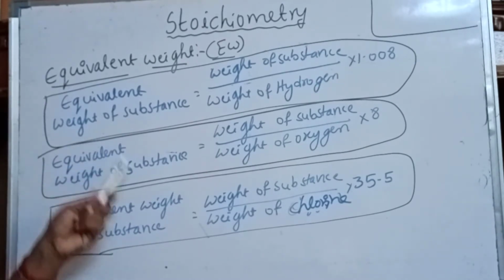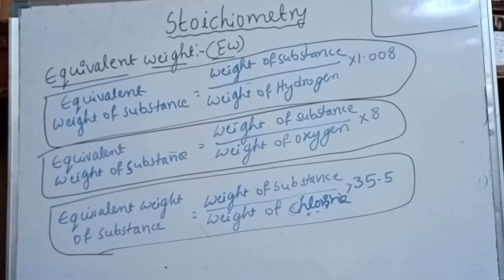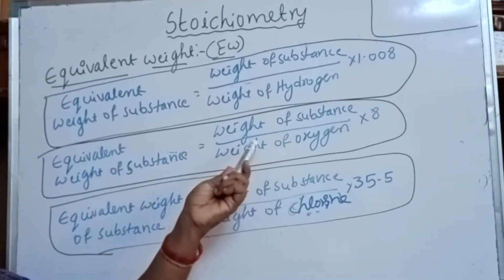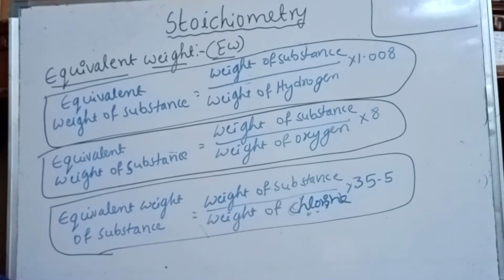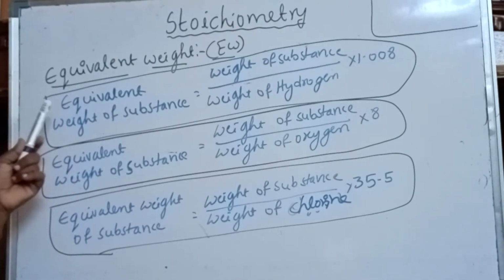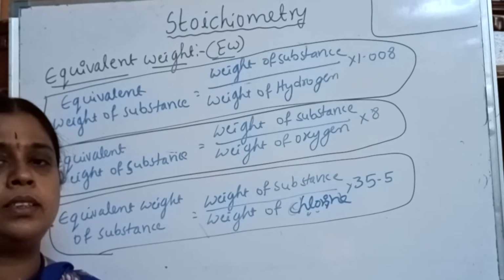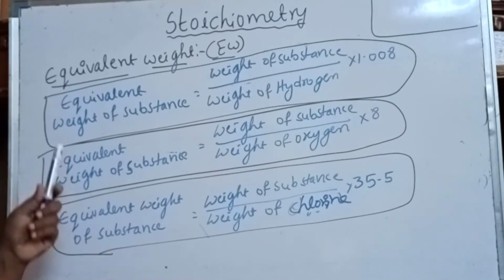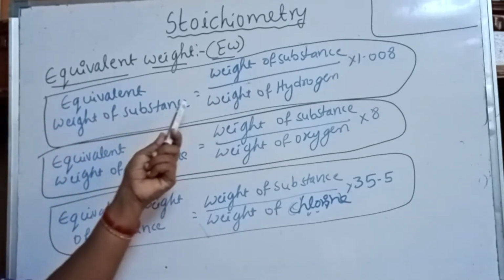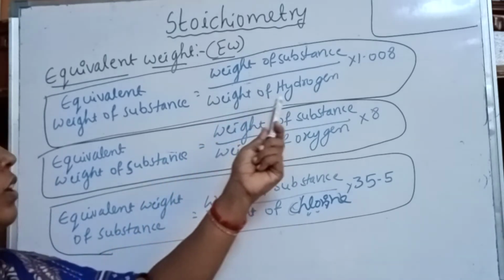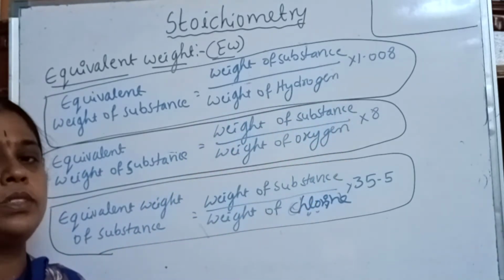Okay. So by using these formulas we can calculate the equivalent weight of a substance by knowing the hydrogen mass, oxygen weight, or chlorine weight. Many other formulas exist for calculating equivalent weight, but among them these are the basics. See here: equivalent weight of a substance is equal to the weight of the substance divided by the weight of hydrogen, into 1.008.